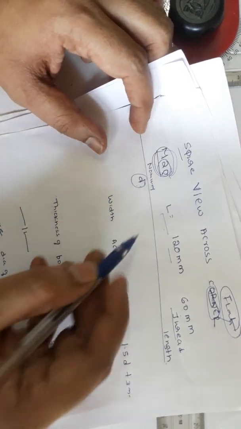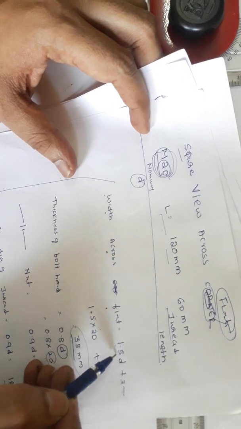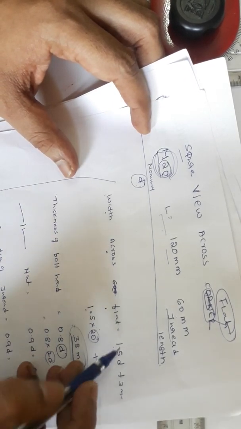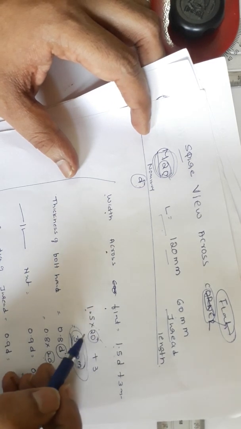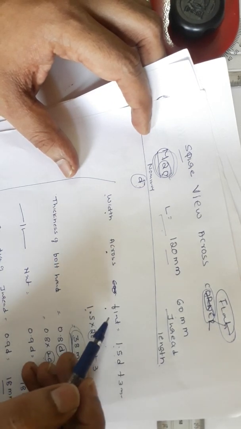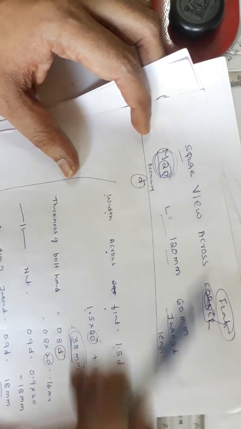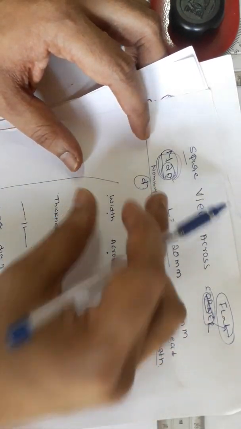With that diameter you have to get all the other dimensions. Width across the flat is 1.5D plus 3 mm, so we get 38 mm since our diameter is 20. If the diameter varies, this dimension also varies. Whatever nominal diameter is given in the examination, you have to take that diameter for further calculation. We have been given 20 mm diameter, so I have calculated these parameters according to that diameter.